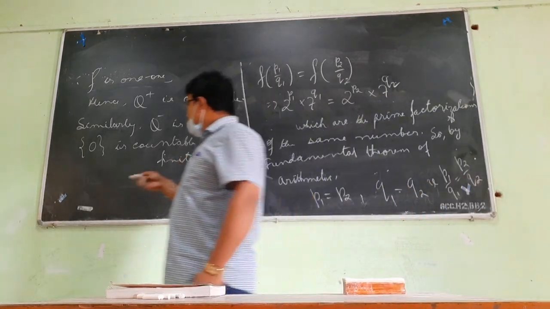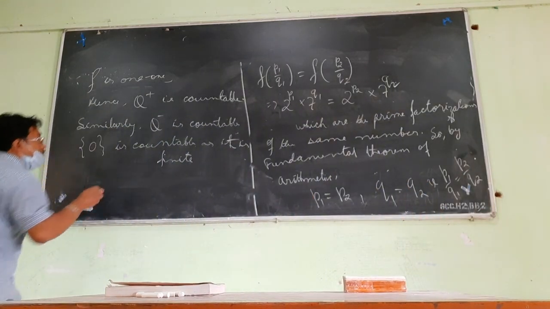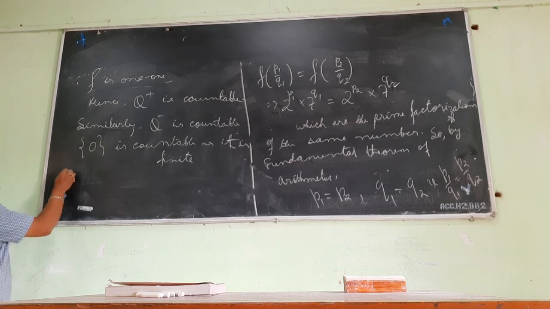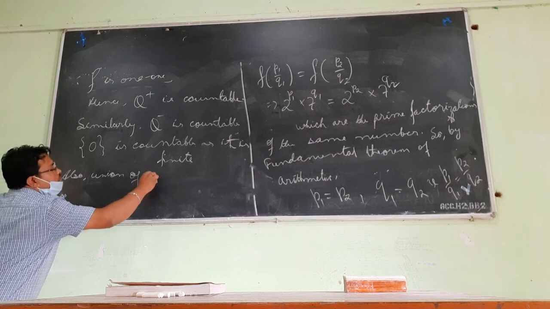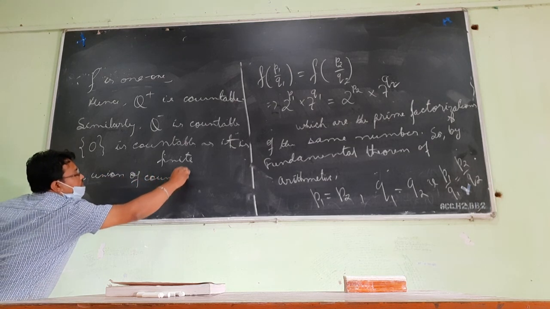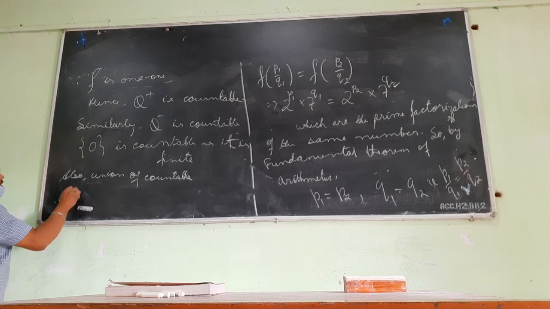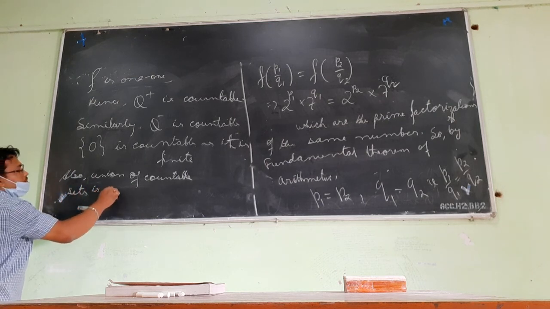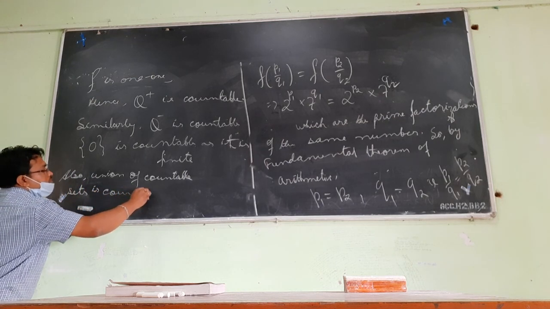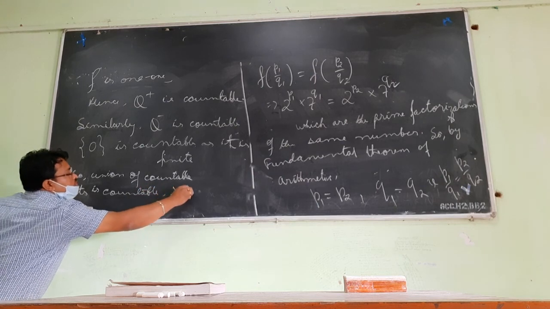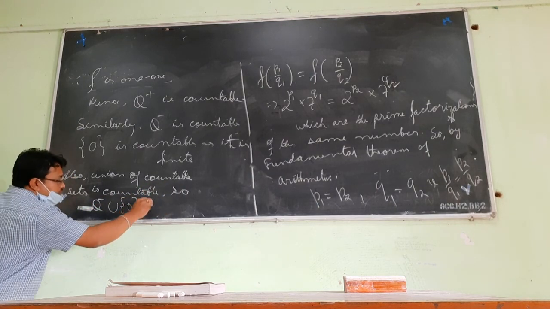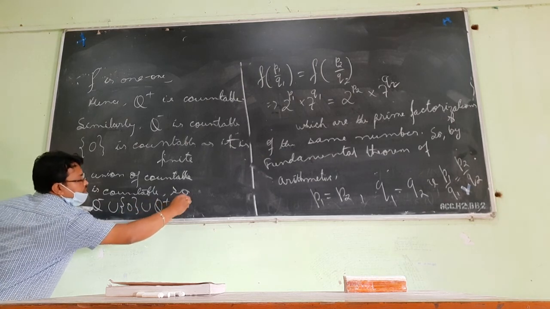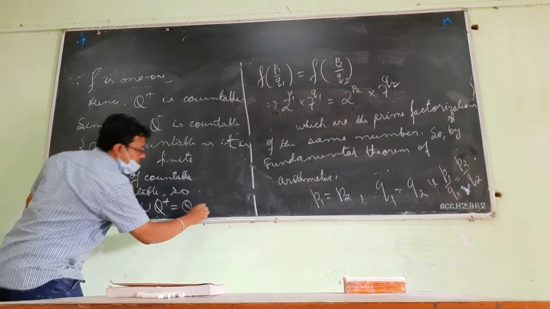Next, we will use the result that a union of countable sets is countable. So Q minus union singleton zero union Q plus, which is equal to Q, is countable.